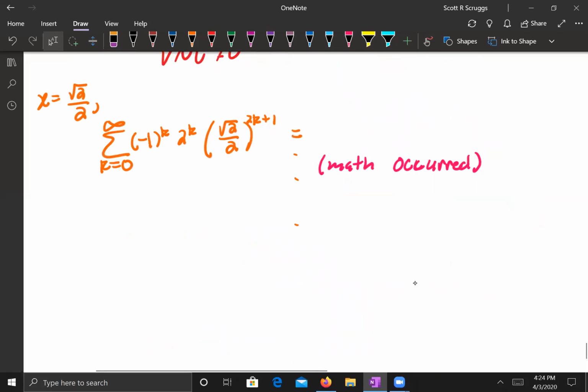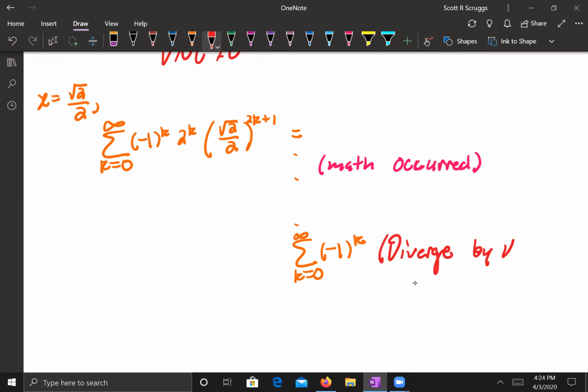So I'm just going to say we did some math, and we got that to be equal to, let's change that to orange, the sum as k goes from 0 to infinity of negative 1 to the kth power. And this will also diverge by the divergence test.